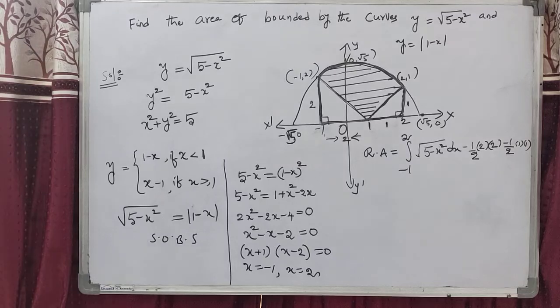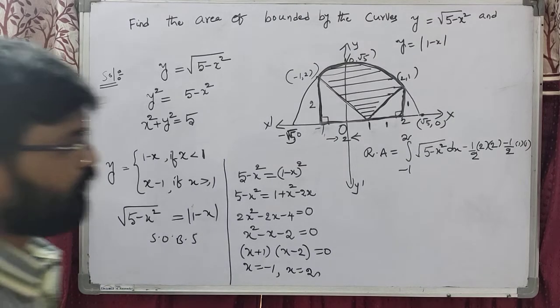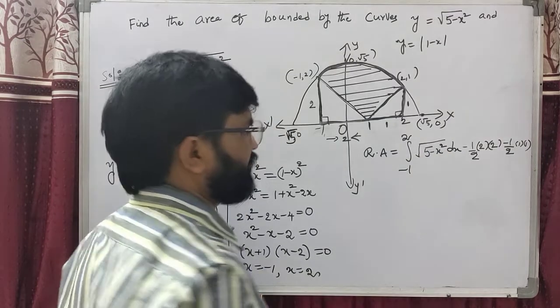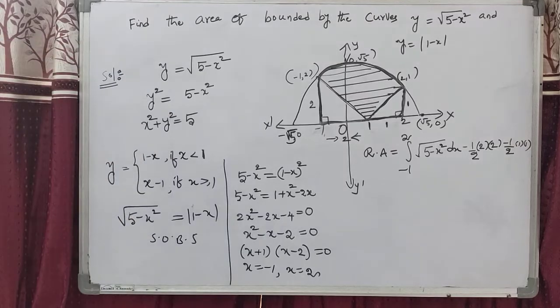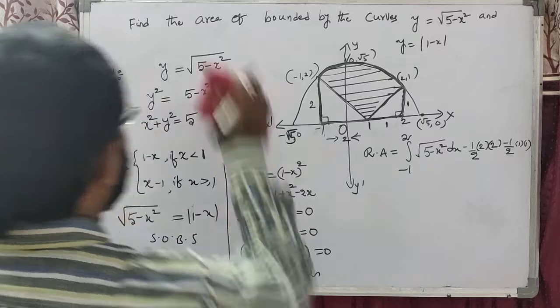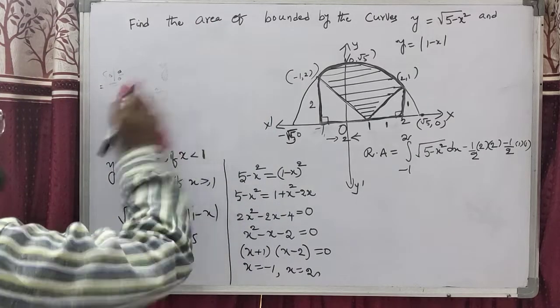Now this is compared with root of a square minus x square. Dear students, in integration we have to know the integral of root of a square minus x square.